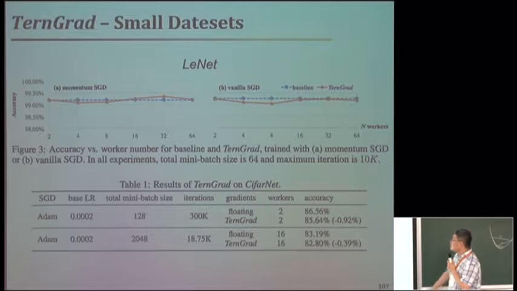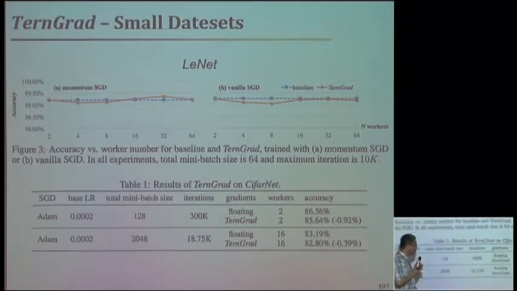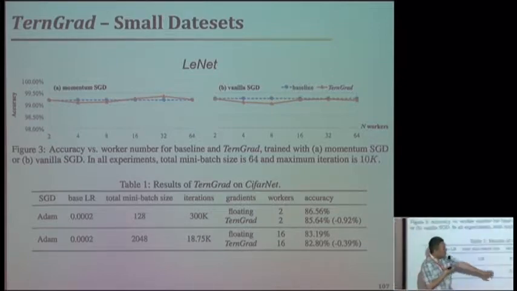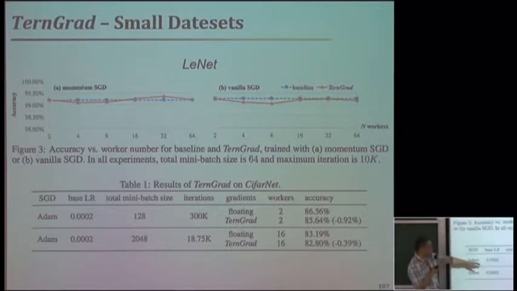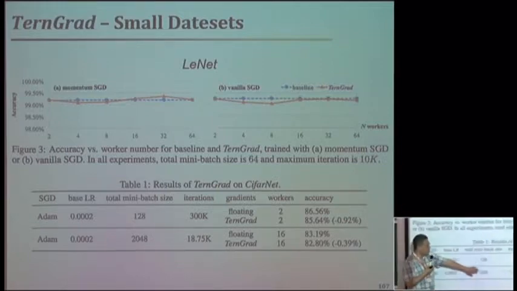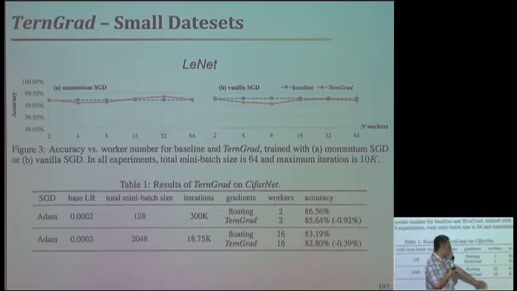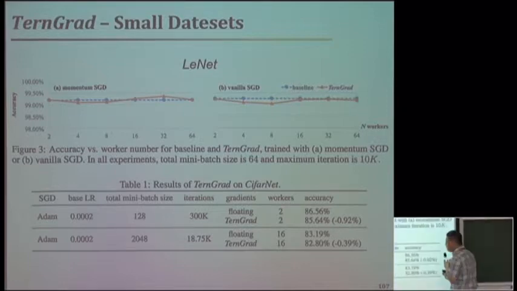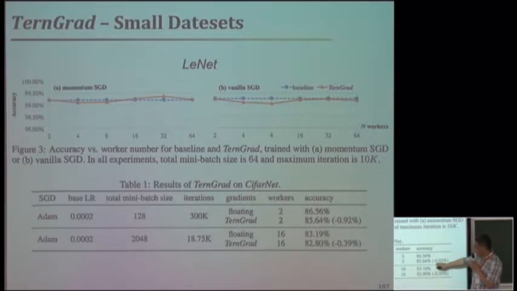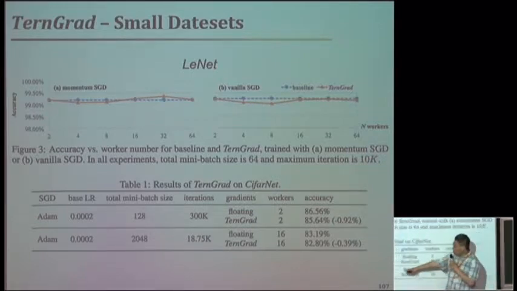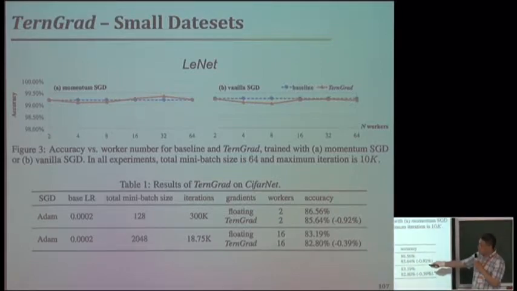Another thing is, if you look at the result on the Fahrenheit, using the floating values or the ternary gradients, if we increase the workers from 2 to 16, but still maintain the same batch size per worker, this accuracy reduced a little bit, but the iterations to converge are much fewer than the original.